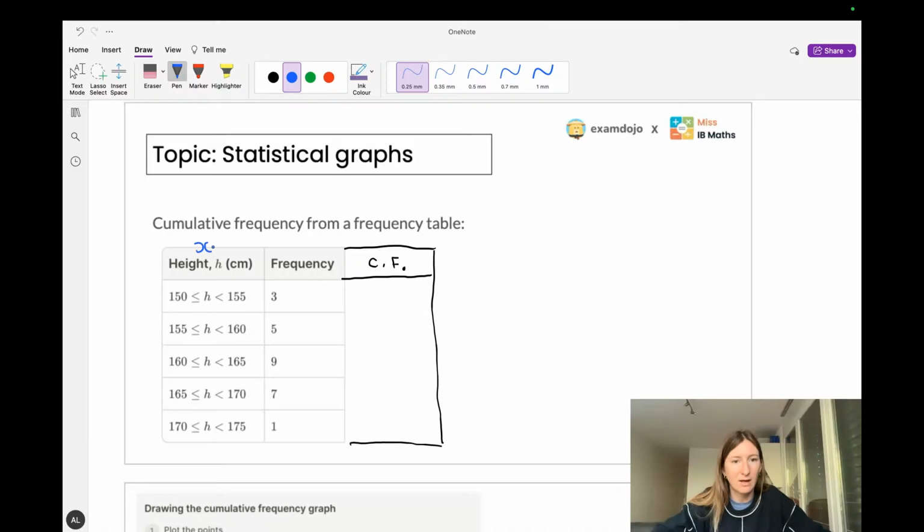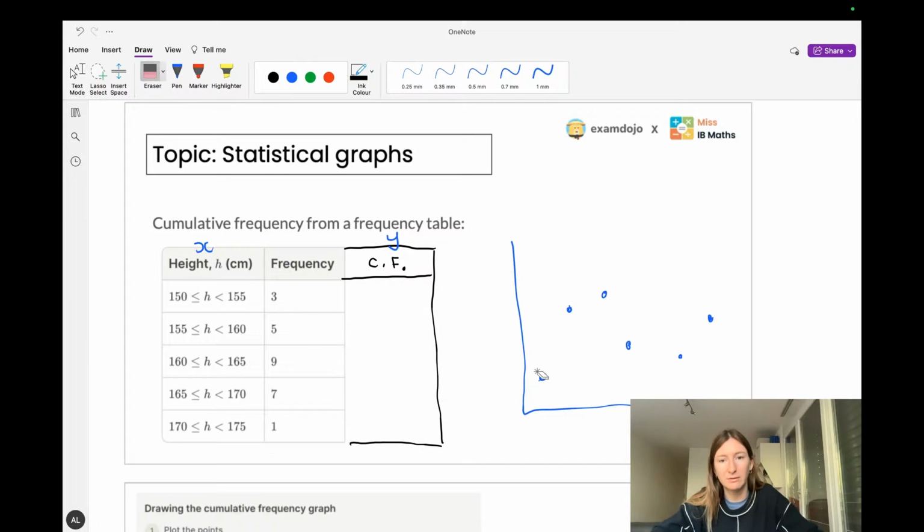So that our variable there will always go on the x-axis, and our cumulative frequency, not frequency, will go on the y-axis. So if you are in your exam and you're plotting your cumulative frequency graph, and it starts looking like that, kind of going up and down, that means you've plotted your frequency and you've forgotten to add the cumulative frequency, because a cumulative frequency graph is always going to be rising upwards because you're accumulating the frequency.